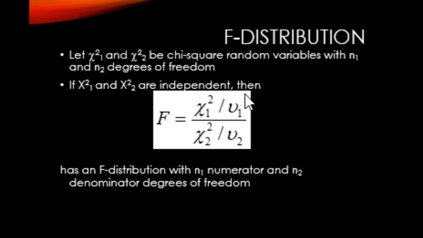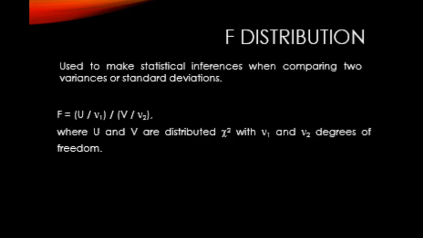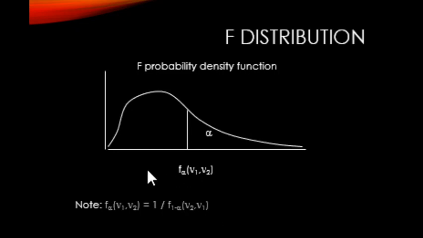This depends on the first sample size, and this depends on the second sample size. Again, this has a distribution table associated with it. We will be using that. This distribution will be used to make inferences when comparing two variances or even standard deviations. Okay, here is the shape of this distribution. Again, it is not symmetric.